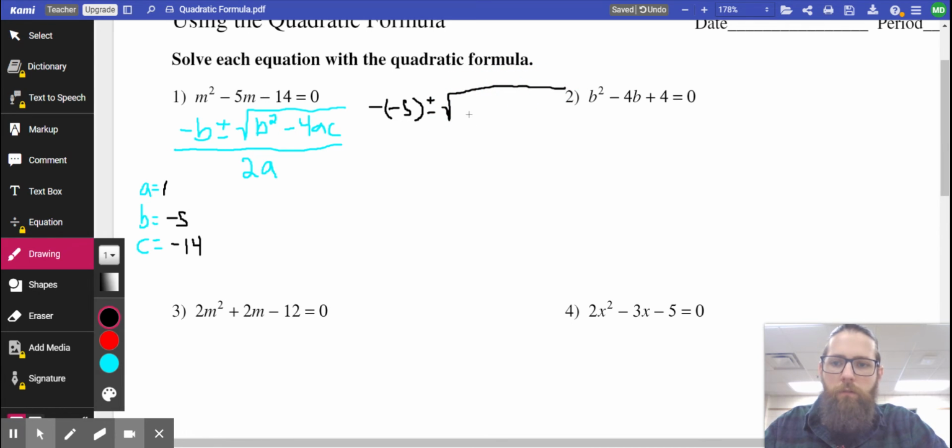And then we've got the square root of b squared, which will be (-5) squared, minus 4 times a, which is 1, times c, which is -14, and then all of that gets divided by 2a, which is going to be 2 times 1.